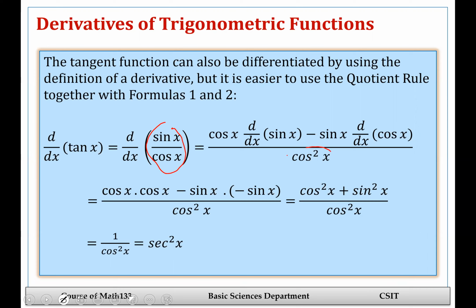We make square the denominator, and then in the numerator, it's cosine derivative of sine minus sine derivative of cosine. And then we know that the derivative of sine is cosine, the derivative of cosine is minus sine. So just computing this and using the identities in trigonometry, so we find that it is equal to secant square. So this is like rule number 3, tan x derivative is equal to secant square.